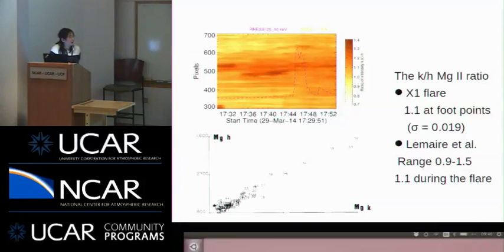Here is the K to H ratio, same as the flare with Lemmer et al. Also, as in the flare with Graham, we found for this flare the K to H ratio is about 1.1 with a sigma of 0.019.